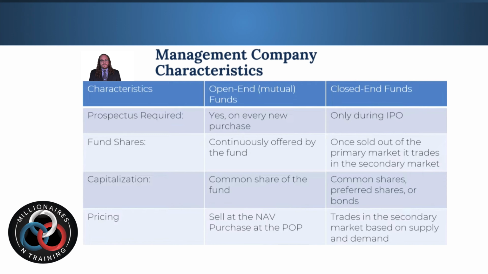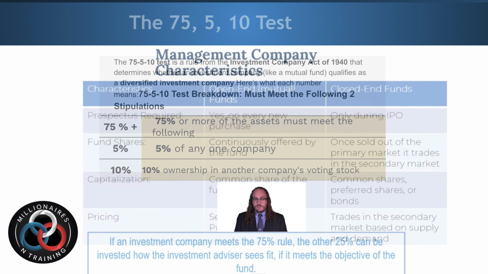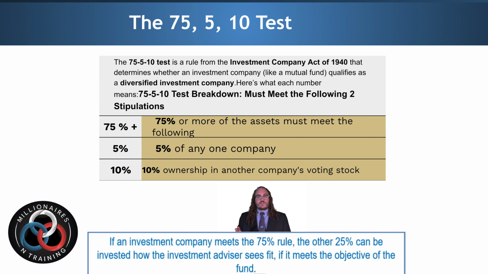Let's take a look at a diversified investment company according to the Investment Company Act of 1940. In order for a fund to be diversified, 75% or more of the total assets under management must meet the following two stipulations: a maximum of 5% invested in any one company, and a maximum of 10% ownership in another company's voting stock.